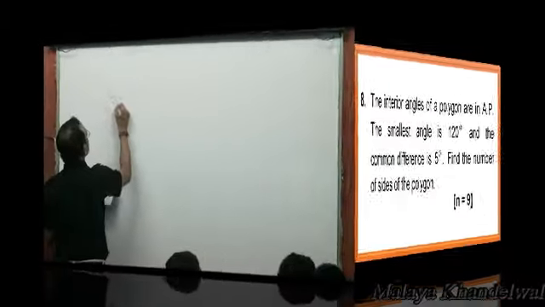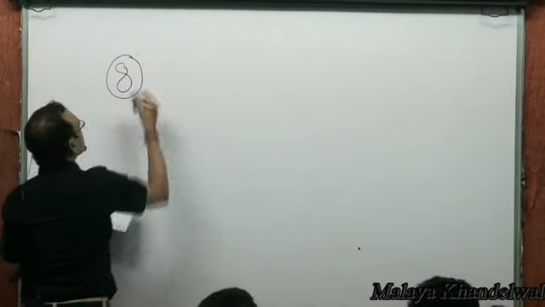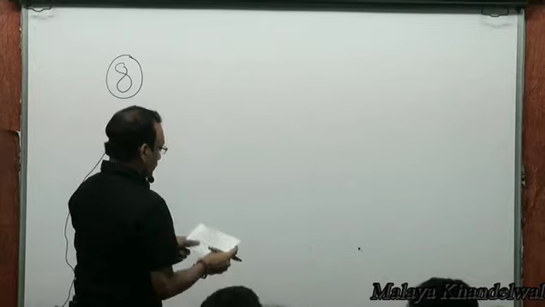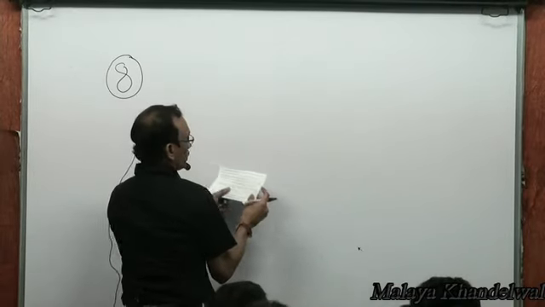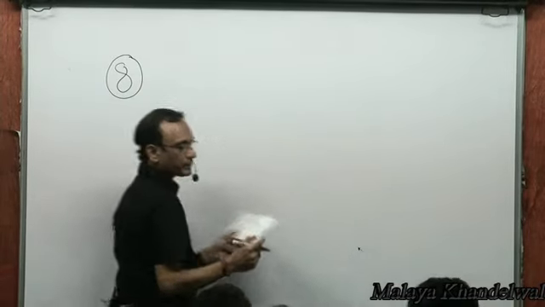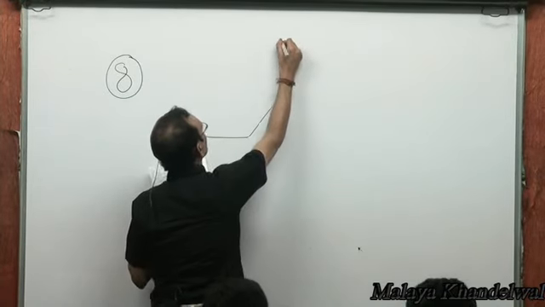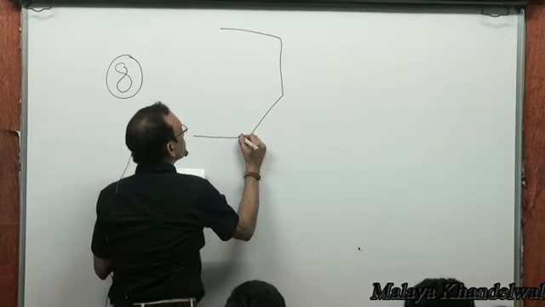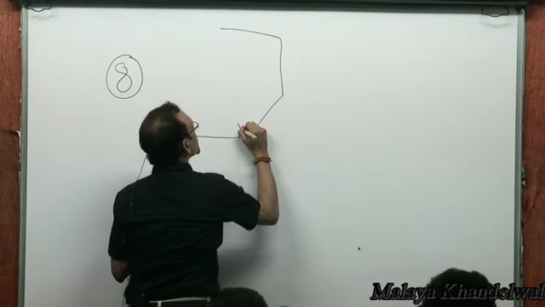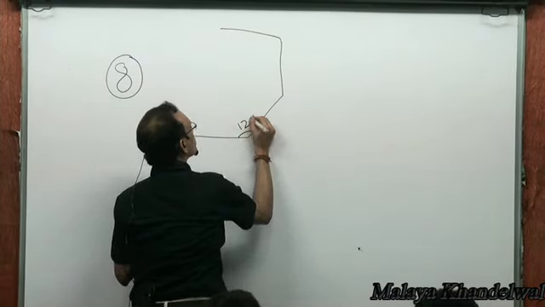Number 8 of the sheet. The interior angles of a polygon are in AP. The smallest angle is 120 degrees, and the common difference is 5, right?